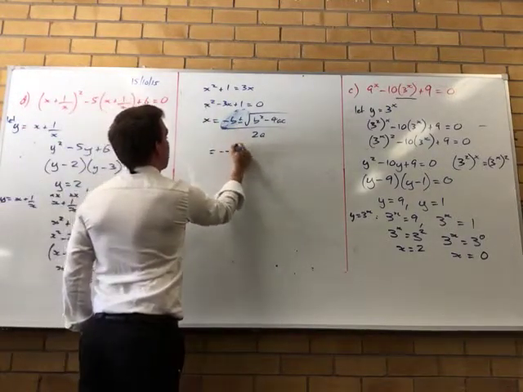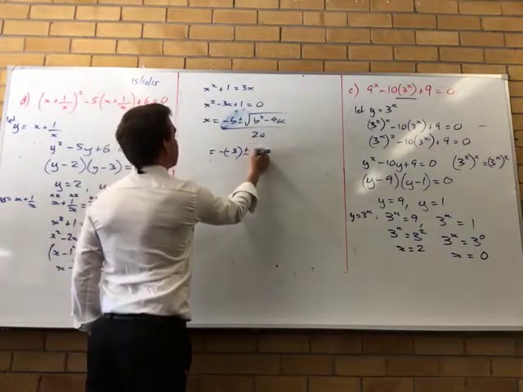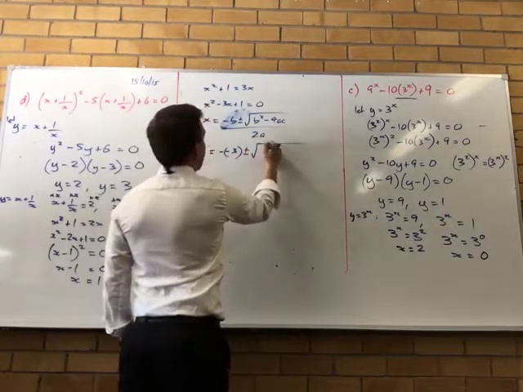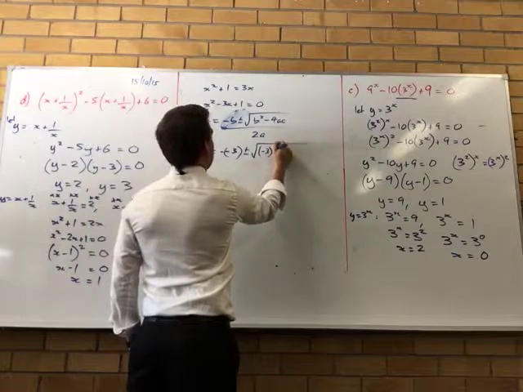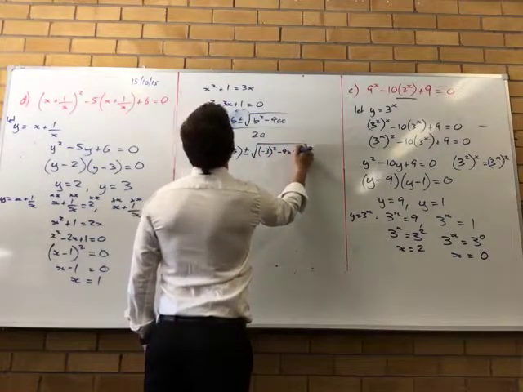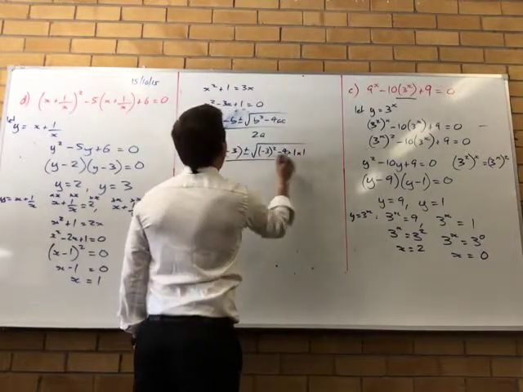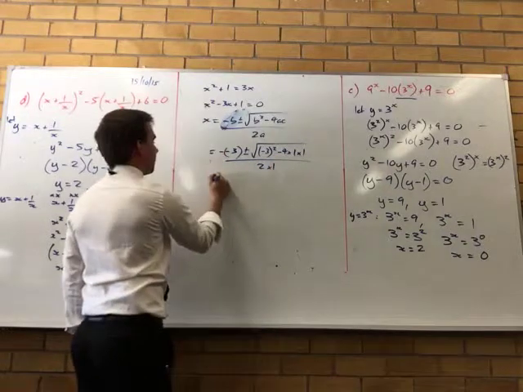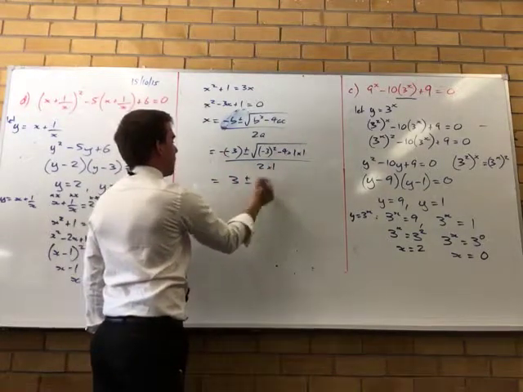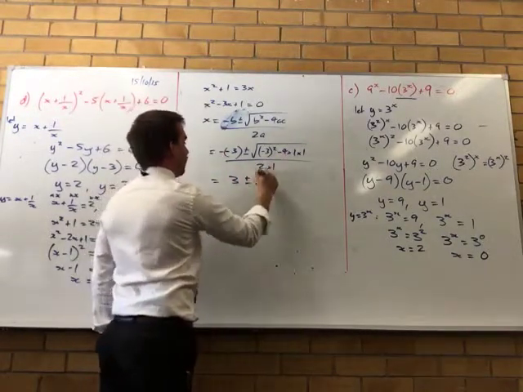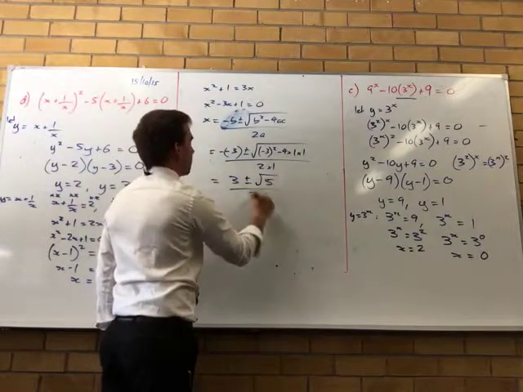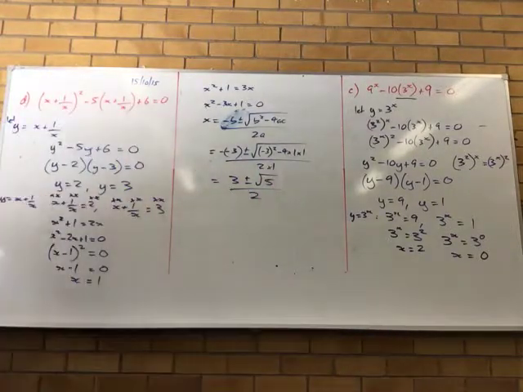So negative 3 plus or minus, negative 3 squared take away 4 times 1, over 2 times 1. So 3 plus or minus the root of 9 take away 4, over 2. 9 take away 4 is 5. 3 plus or minus root 5 over 2.